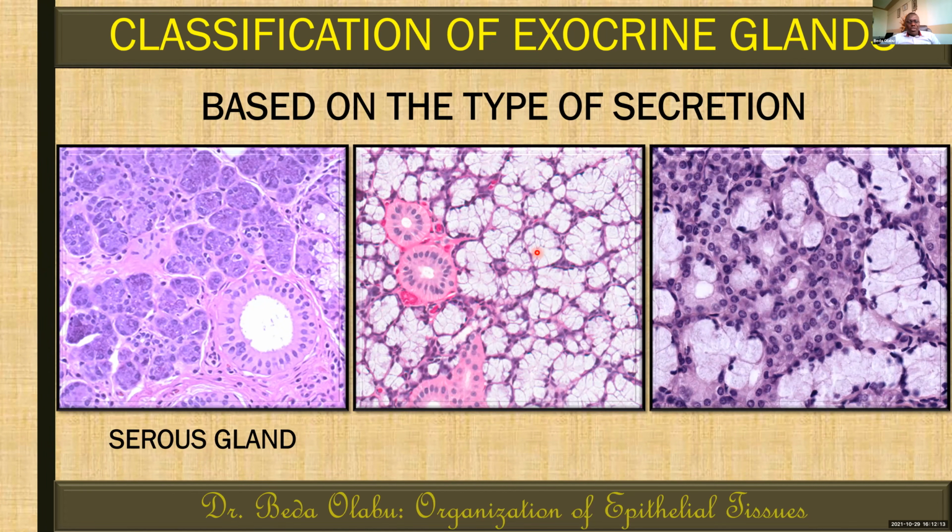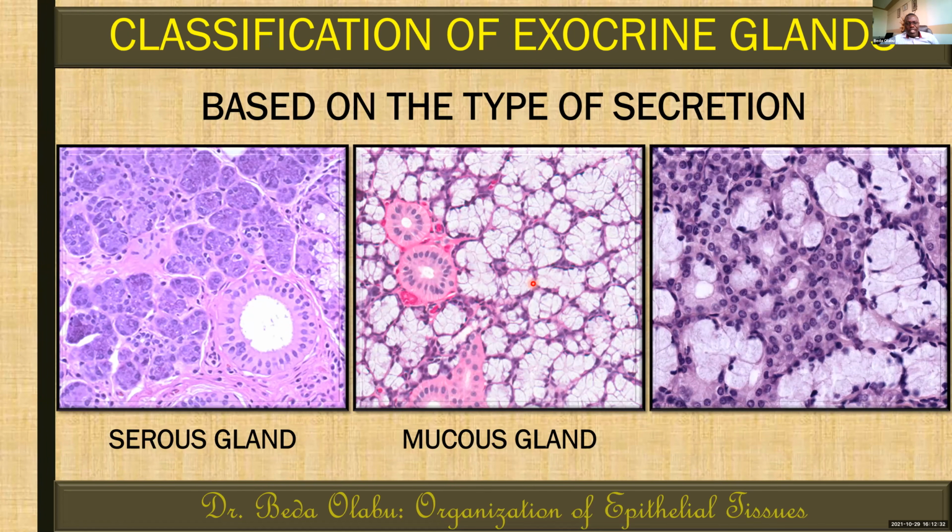Then you can also have what you call mucus glands. The mucus glands have their acini not staining. They don't take up the stain because they contain mucus. So we call those mucus glands.